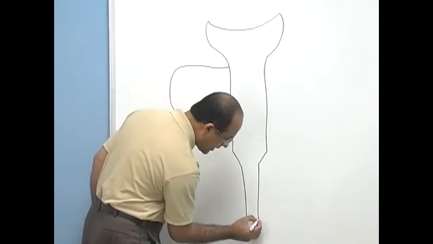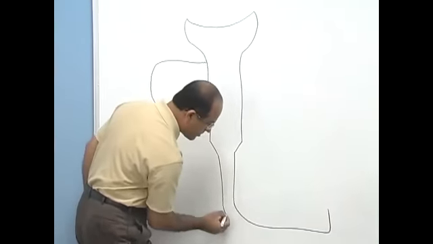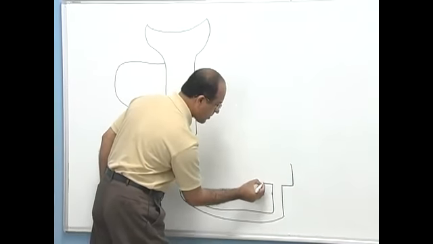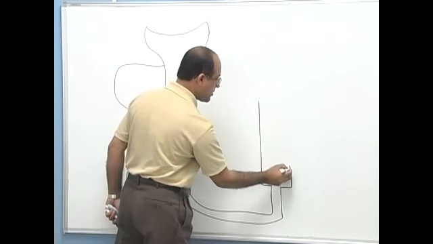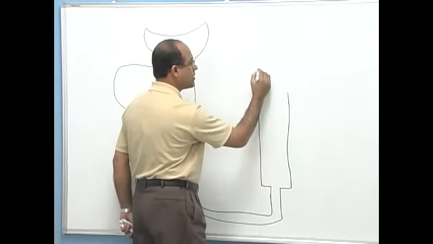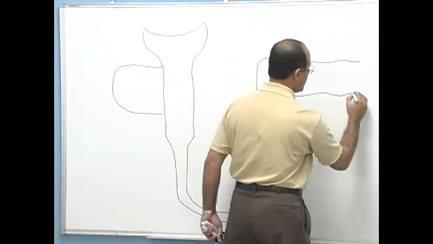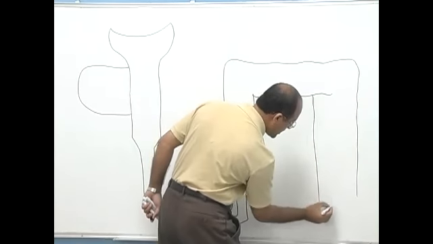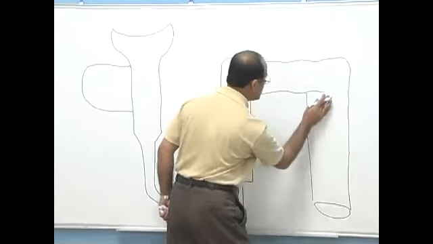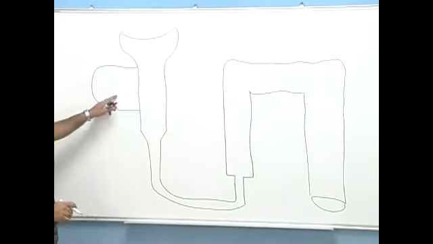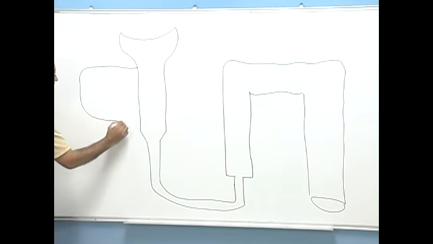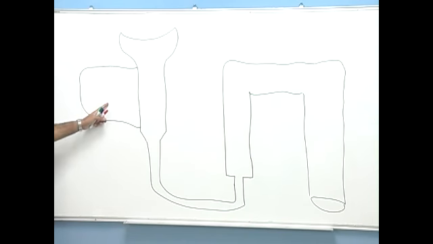Descending limb of Henle. Then we'll talk about the thick part of the ascending limb of the loop of Henle. And this is the collecting tubule. First of all, we have to see how this cell, which represents a function of the proximal convoluted tubule, works as far as sodium and water are concerned.